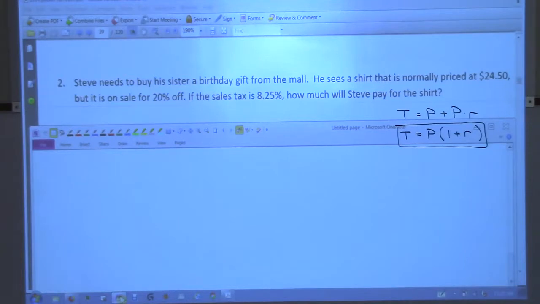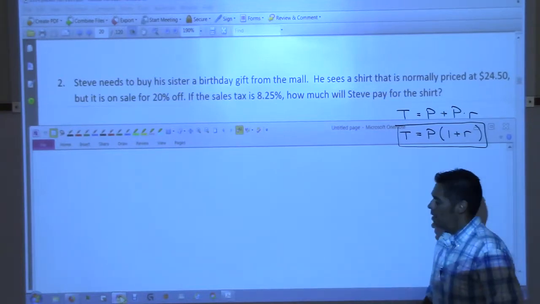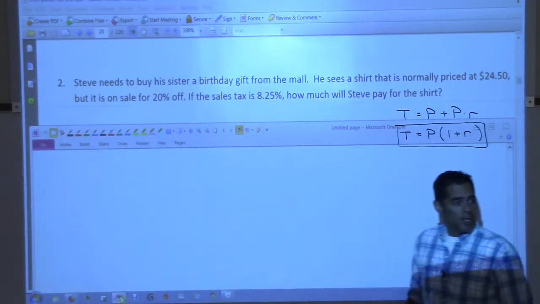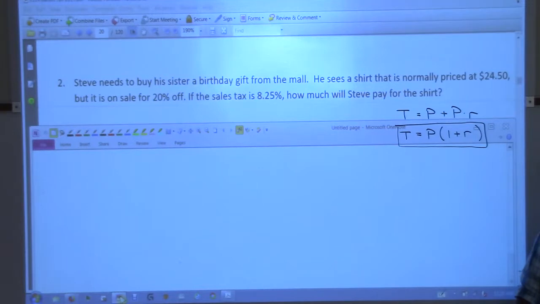Is it? No. Because it's on sale, right? And how much is it on sale for? 20% off, right? So we need to figure that out first. We need to figure out how much this shirt is actually on sale for, right? So how can we do that? How can we figure out what 20% off would be?